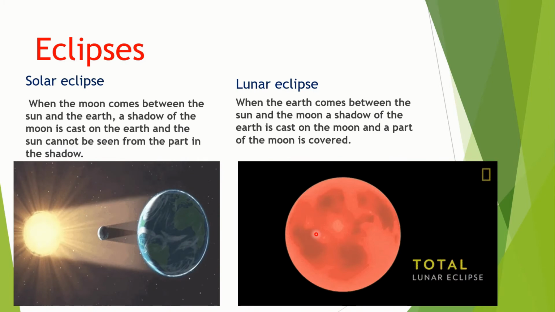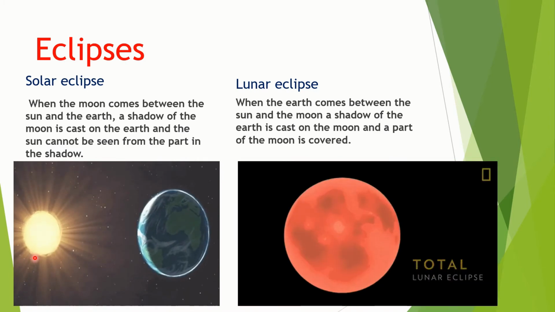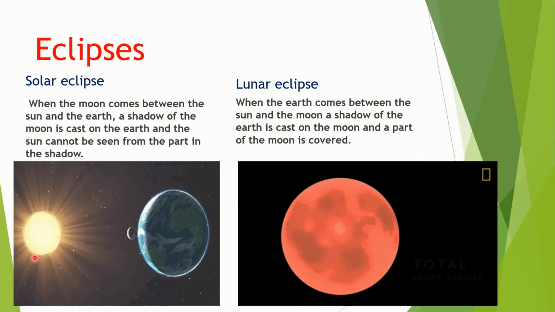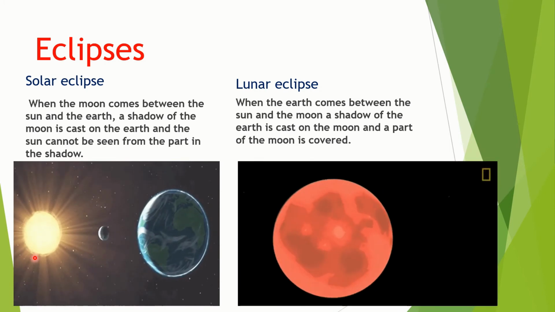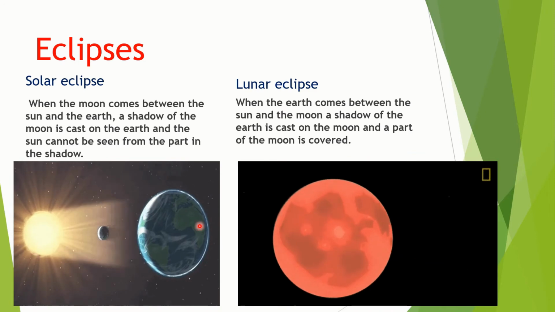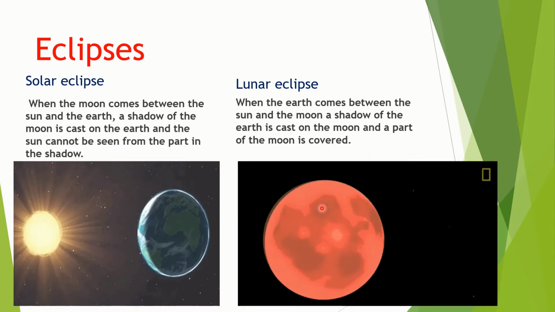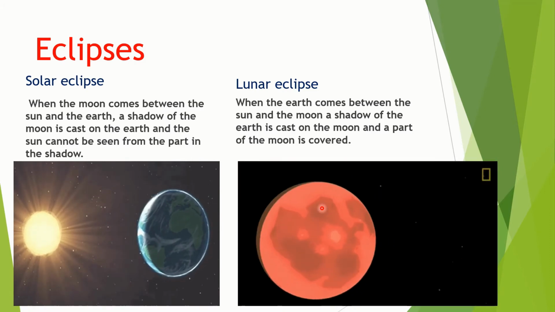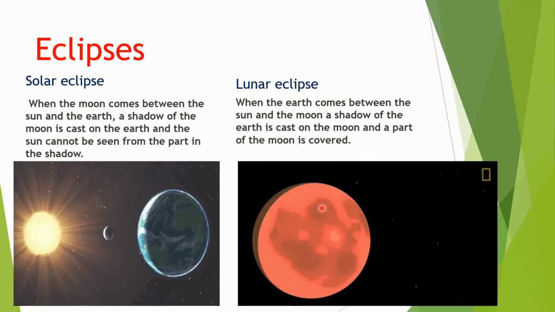I repeat, in a solar eclipse, when the moon comes between the sun and the earth, a shadow of the moon is cast on the earth and the sun cannot be seen from the part in the shadow. In a lunar eclipse, when the earth comes between the sun and the moon, a shadow of the earth is cast on the moon and a part of the moon is covered.